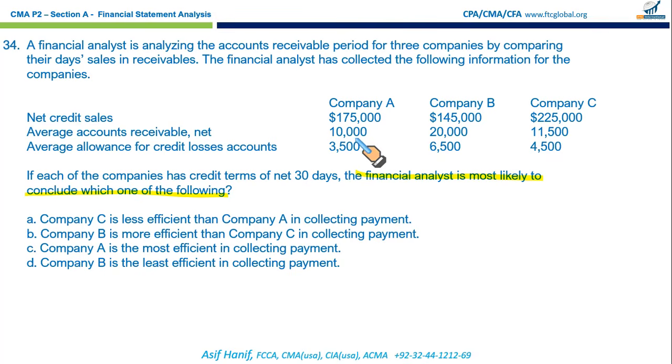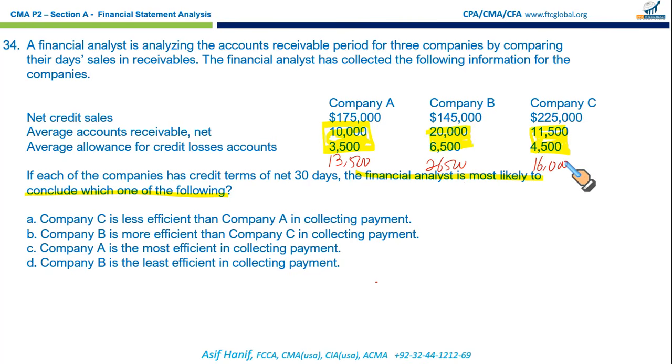So if you have been given the account receivables net, you need to add the allowance figure back to find the gross figure. So you need to add two numbers and then use that to find your average collection period or account receivable turnover. It will be 13,500 for A, it will be 500 for B, and it will be 16,000 for C.